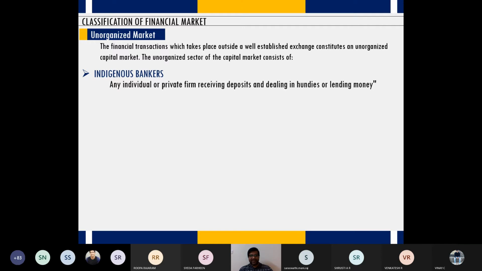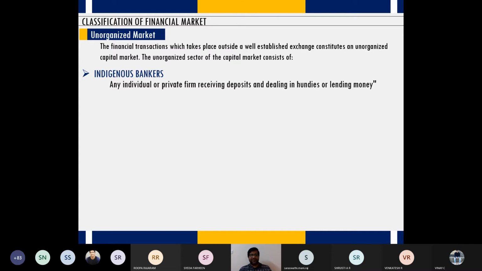These indigenous bankers are small firms, or by and large individuals, who lend money and also accept deposits. You can keep money with them and they'll give you some small interest. This is what India's financial markets mainly comprise of: indigenous bankers.